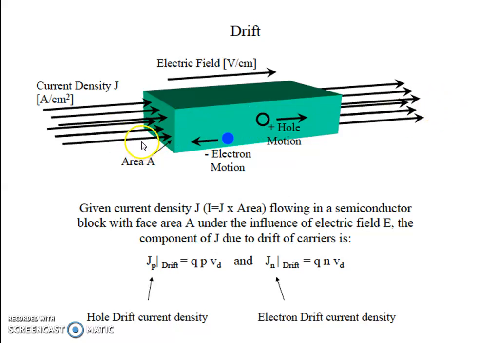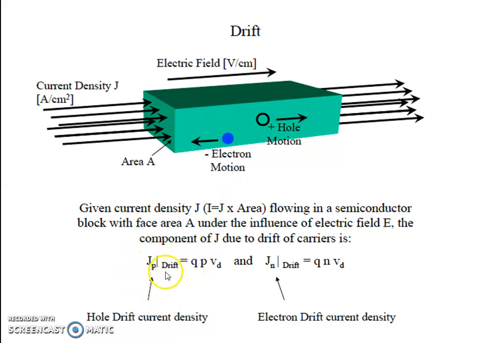We talk in terms of current density because it is a more generic term, that is, how much current is flowing per unit area. The unit of current density is amperes per centimeter squared. If you know the charge, the concentration, how concentrated they are, and the speed they are moving at, you can know the current.